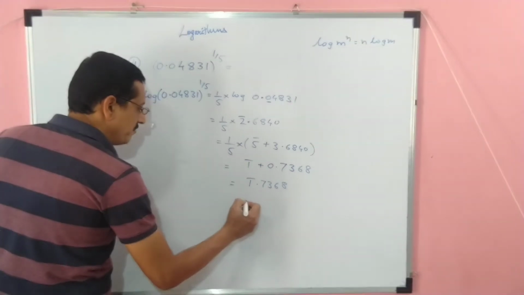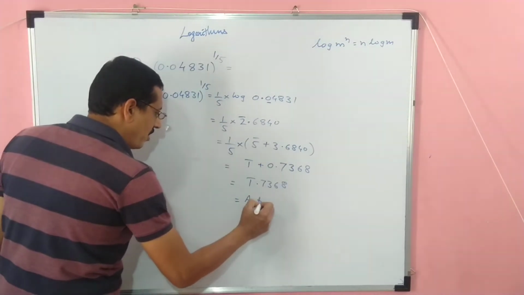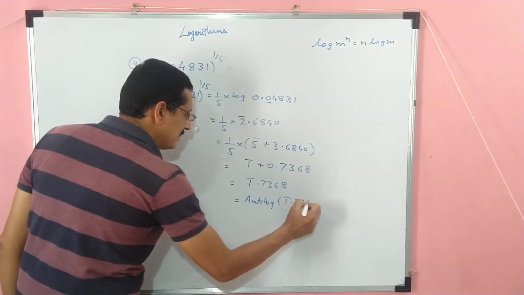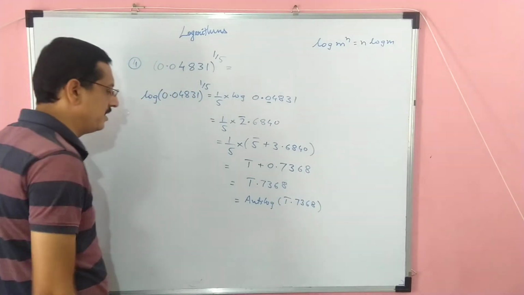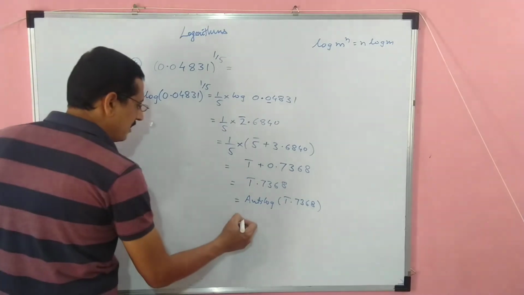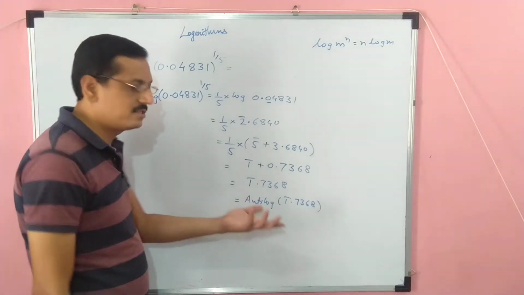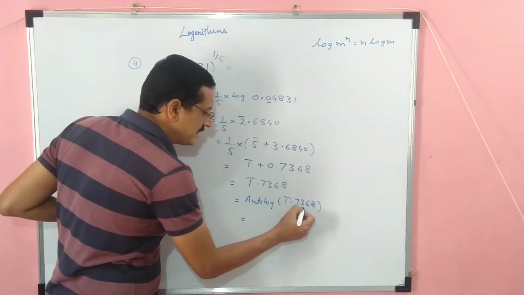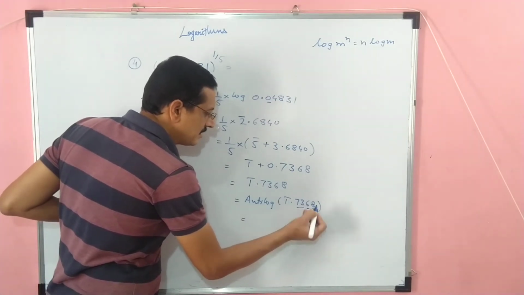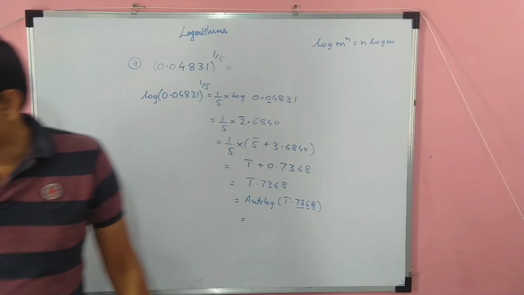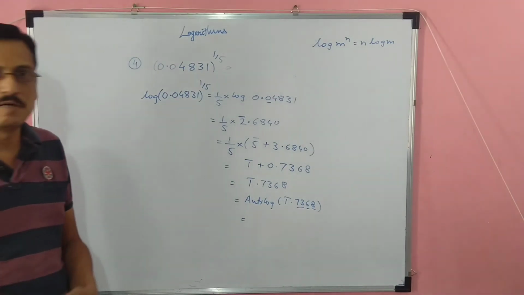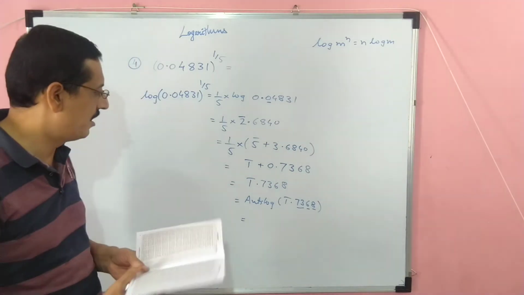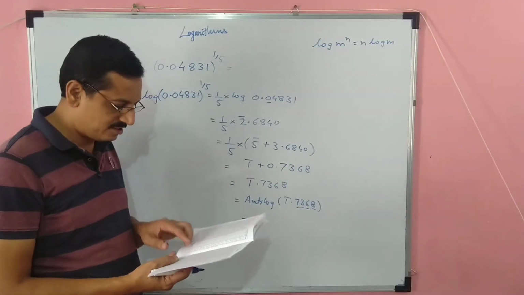Now come out of the logarithm. To come out of the logarithm, we have to go for anti-log of bar 1.7368, student. Once again, the characteristic we will handle by rule. Mantissa is 0.73 in 6, difference is 8. So in the anti-logarithm table, take out your table, student, and search in your table.